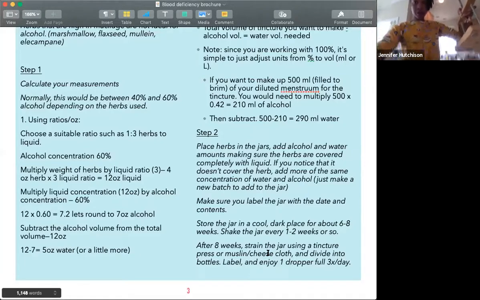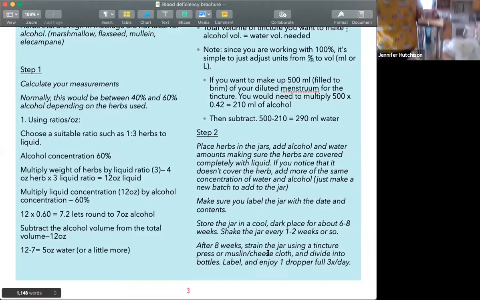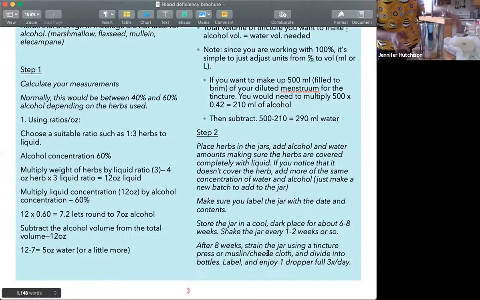Let me do this. Like that. So it'd be like this. And you have your press piece that goes in here. And basically, once the herbs are in here, the liquid's in here as well, all the herbs and liquids.